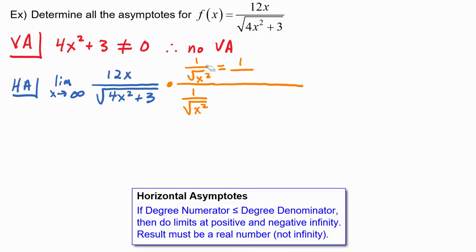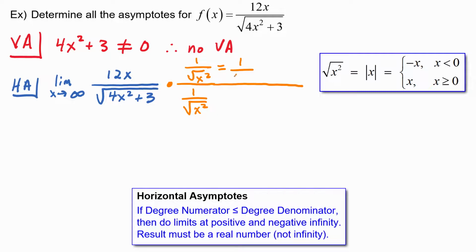We know that the square root of x squared is absolute value of x, and in this case, because we are going to infinity in a positive direction, we know that x will be a positive number, therefore absolute value of x becomes x.